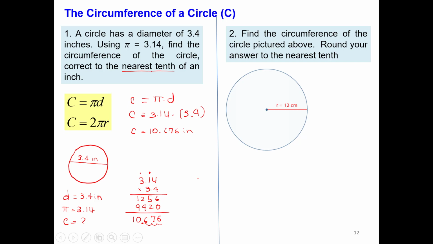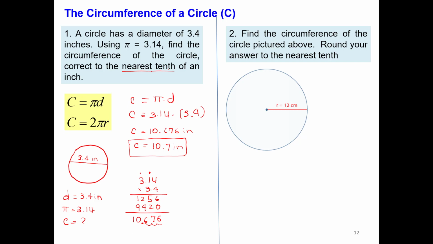If the testing digit is greater than 5, then we need to add 1 to 6. Then the correct answer will be 10.7 inches if we correct the answer to the nearest tenth.